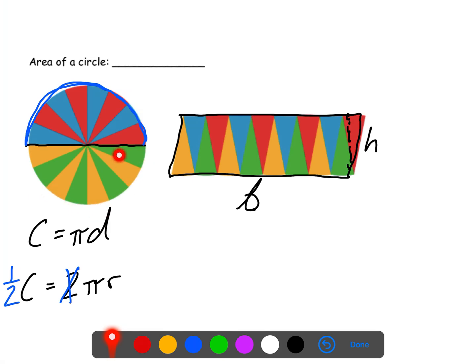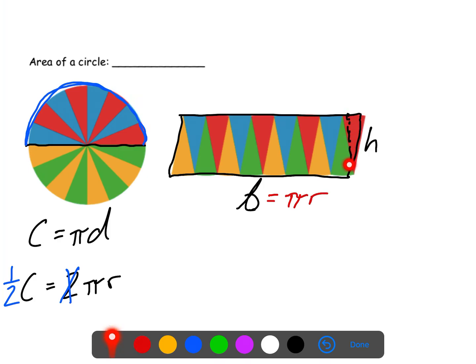Now we could cut these slices even smaller and get even smaller of a curve along this outside edge so that it would almost look like a straight line. But regardless, it's going to work. These curved edges all together make up half of our circumference. And remember, we said we can find half the circumference by multiplying pi times r. So this here is pi times r times the radius.